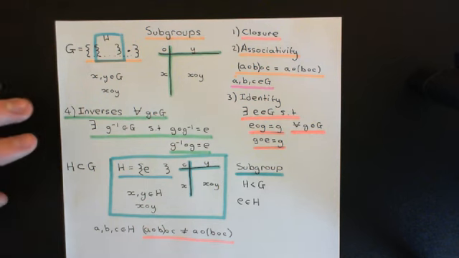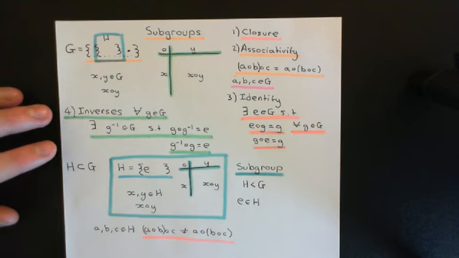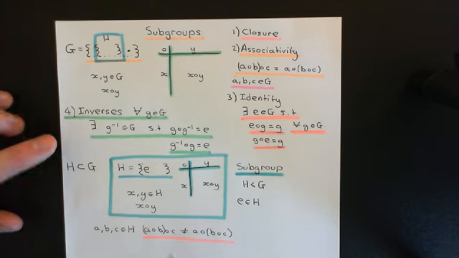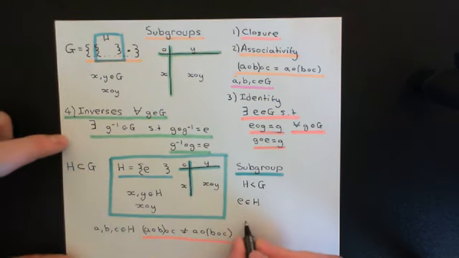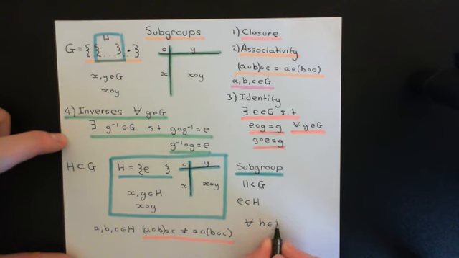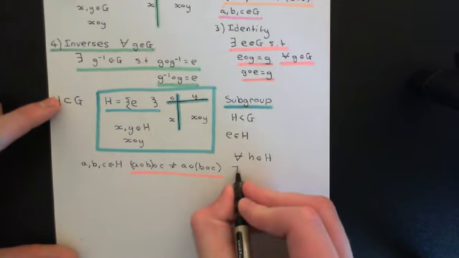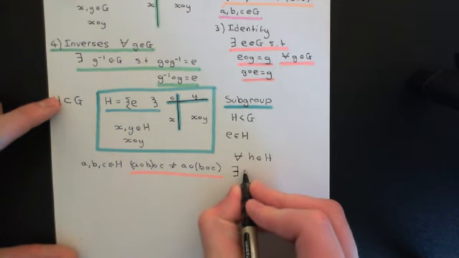Okay, finally, we need inverses. Okay, so we need it to be the case that for any elements that you have in big H, okay, so I'll just write this out, for all, let's say, little h is an element of big H, we need it to be the case that you can find another element which isn't necessarily distinct.